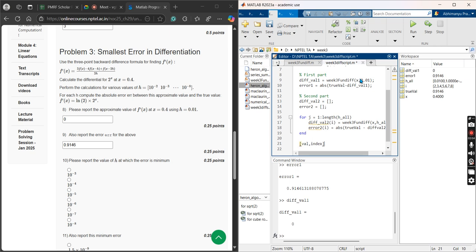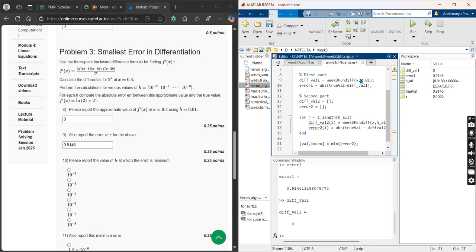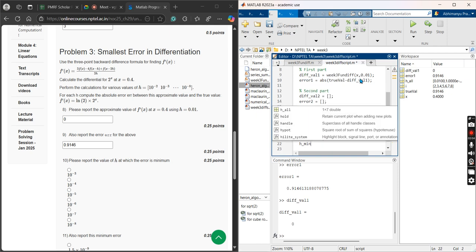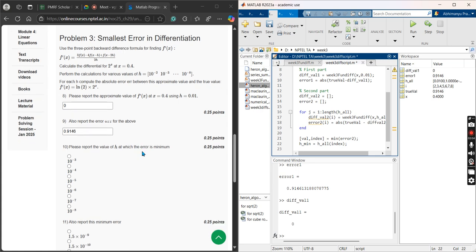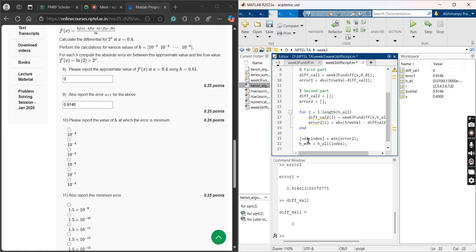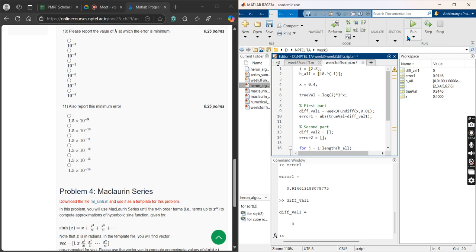The index of the minimum of error2, and we need the h value for that index, so h all index. Also report the minimum error, so we will get that from this. Let me write this as error min. Okay, this should work. Let us run this and see.